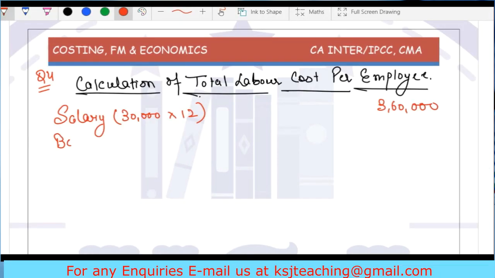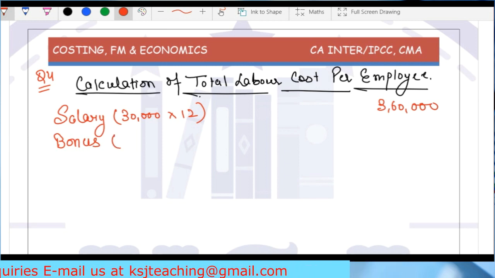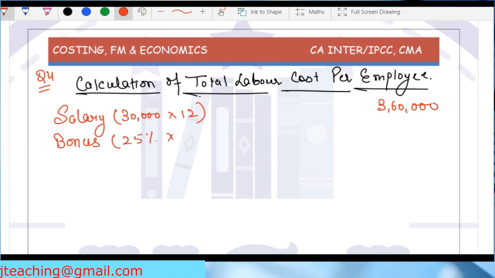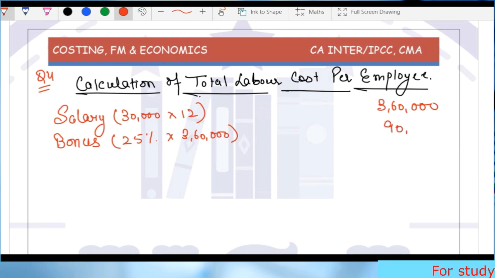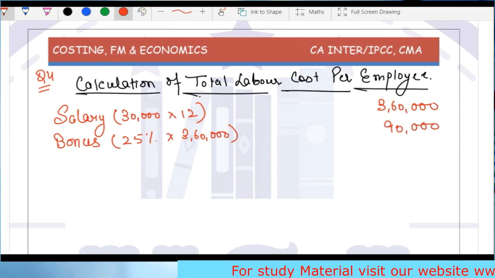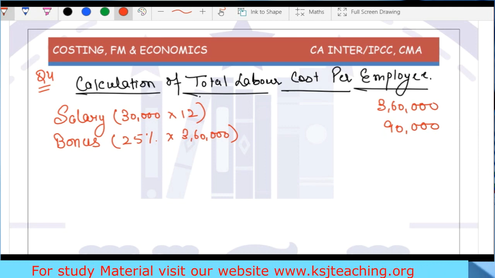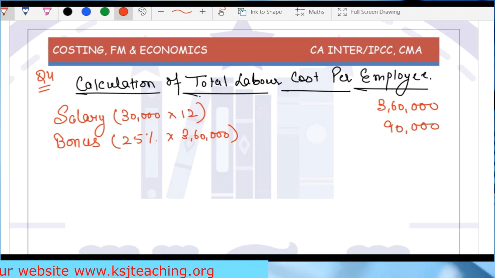Bonus is 25% of 3,60,000. So this comes to 90,000. We'll calculate it once, sir. 3,60,000 multiplied by 25%, 90,000. Correct.